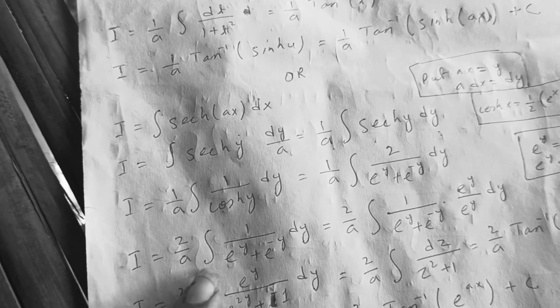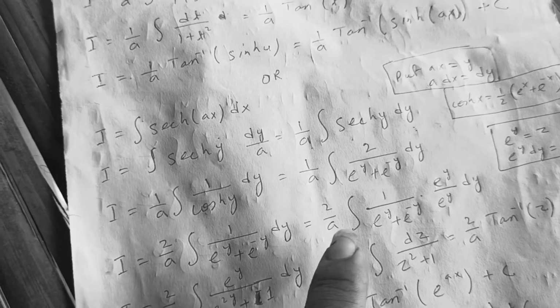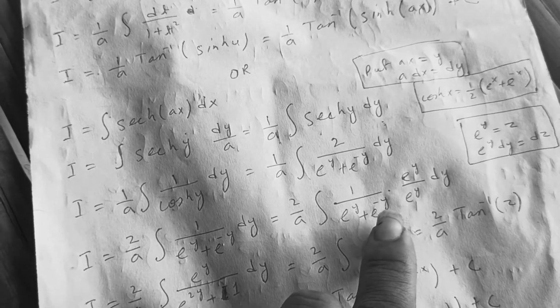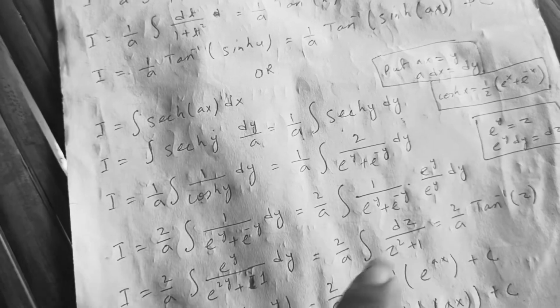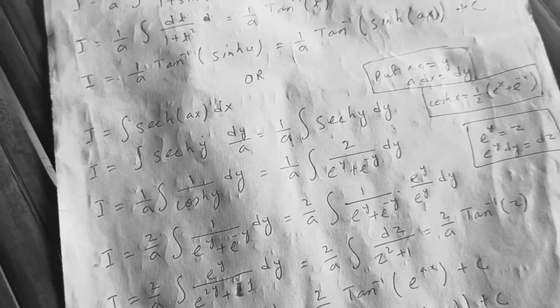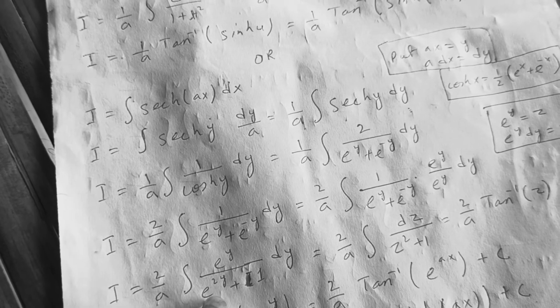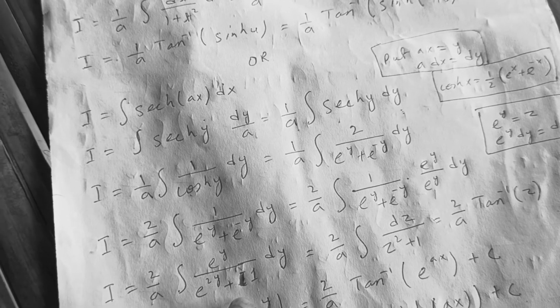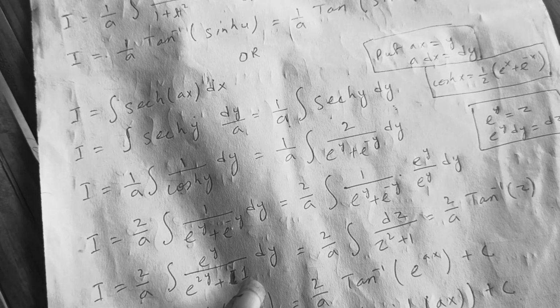Since 2 is constant, taking it out, we get 2 upon a integral of 1 upon e to the y plus e to the negative y dy. Now multiply both numerator and denominator by e to the y. Now if you multiply, I is going to be 2 upon a times e to the y upon e to the 2y plus e to the 0, and e to the 0 is nothing but 1, right?